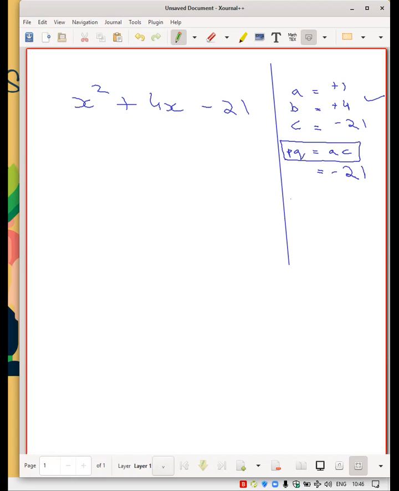Now we are going to do P plus Q is equal to B. Second step, third step would be this. So the first step is to write down the values of A, B, C. Second step, find out the product and make it equal to AC. And the third step would be to write down the sum of P plus Q and equal to B. What is the value of B? What is the sum going to be?